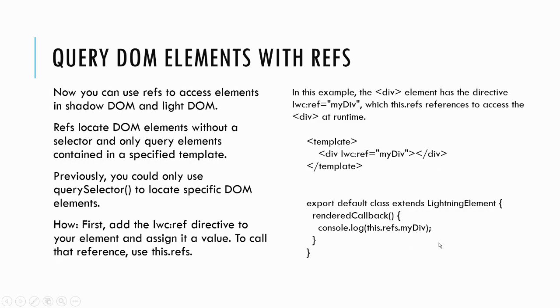It will simply return this div element, and this is how we can access this particular element in our HTML template. So this is an alternative provided by LWC, which we can use to access an element without making use of traditional query selectors.